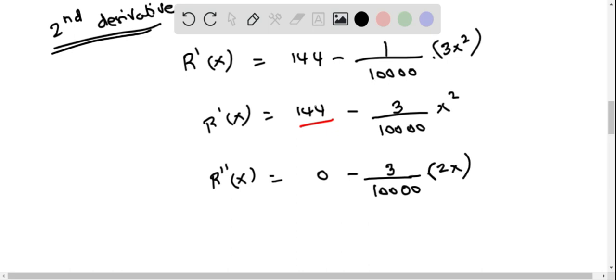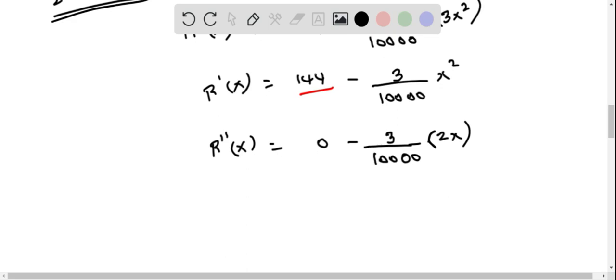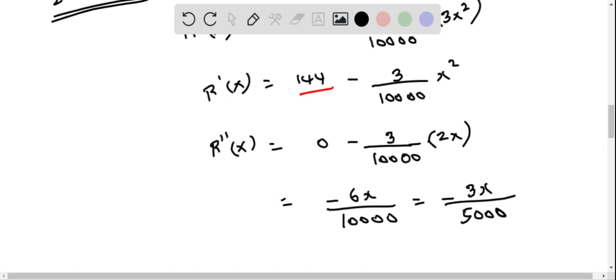So basically we get this. Now we can clearly see that this reduces to negative 6x in the numerator divided by 10,000, or in fact we can reduce this to negative 3x by 5,000.